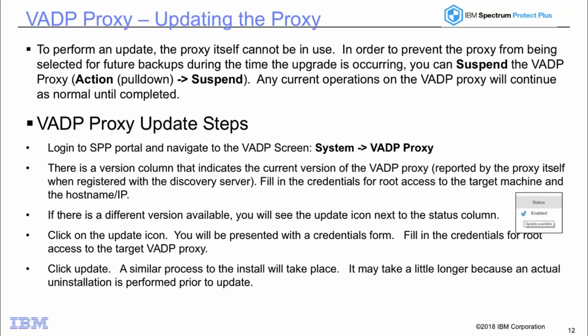Then you look at the version column to see the current version of the VADP proxy. If there's a different updated version available, you'll see the update icon next to the status column, and you will click the update icon. You'll fill in the credentials for root to access the VADP proxy, and you'll click Update to update the software.